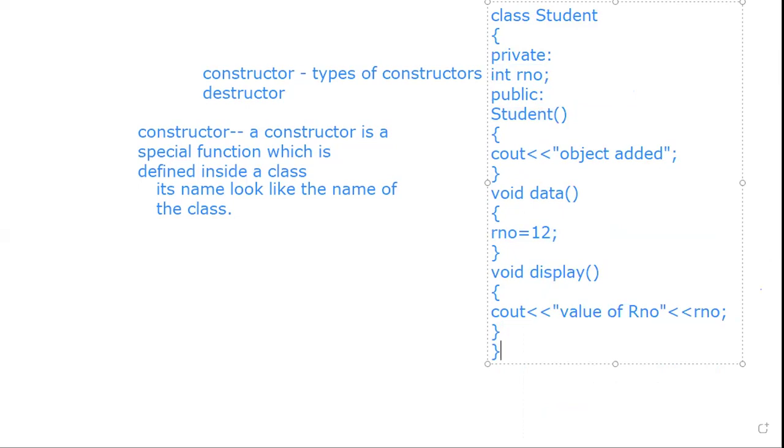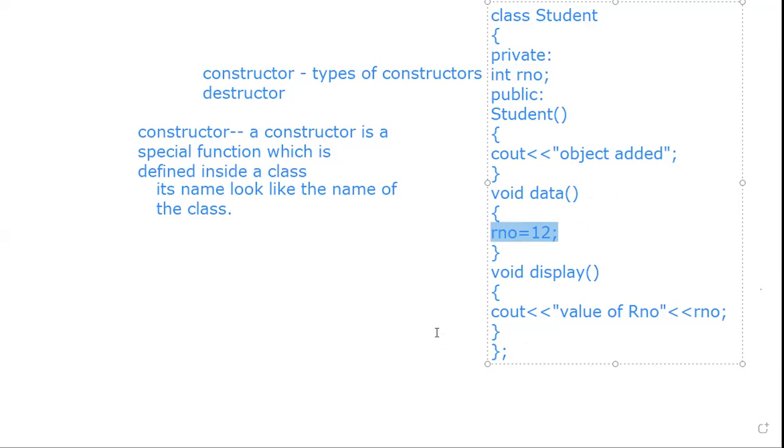And finally, I'm closing the class. So this is the class. You have to understand clearly. Here, the meaning of private is that the data cannot be accessed outside the class. So if you want to give access to this data outside the class, we need to use functions. That's why I'm defining one function, data, which will help us give values for the data, right?